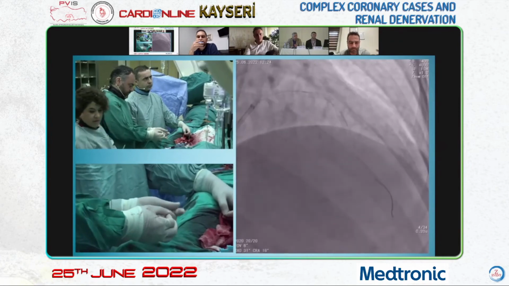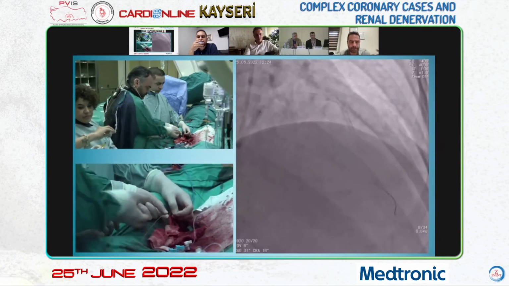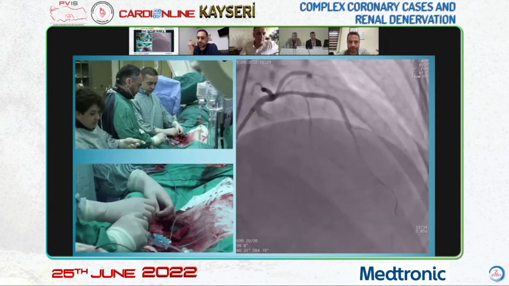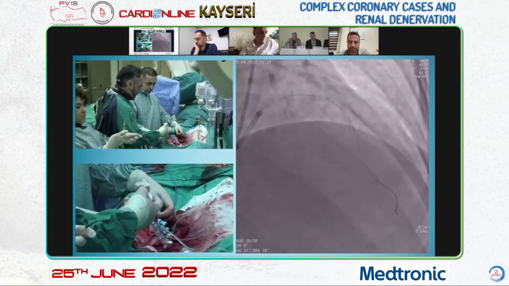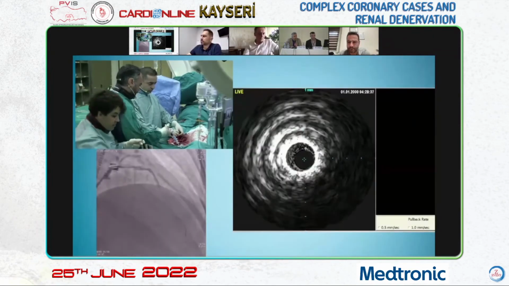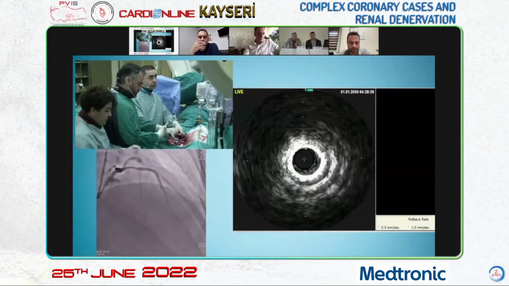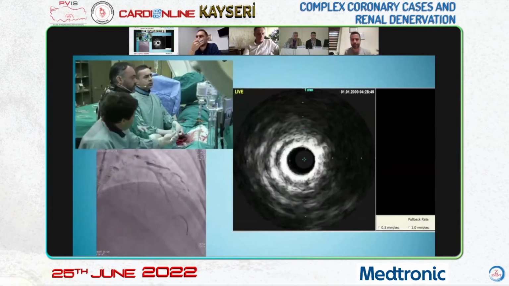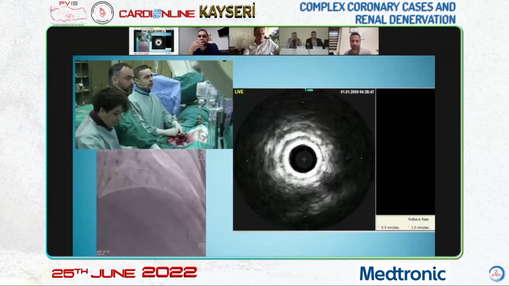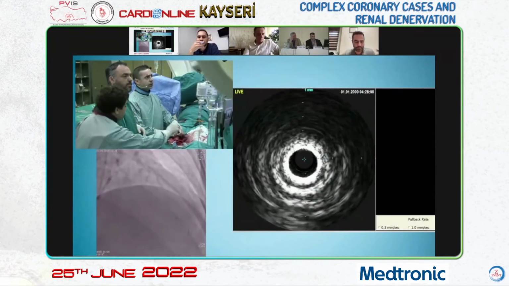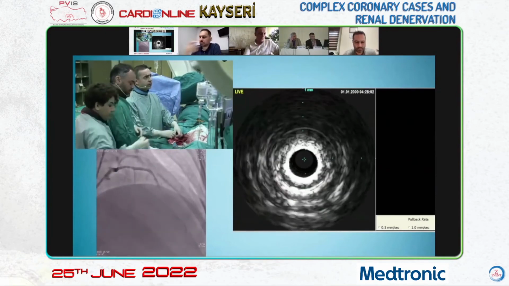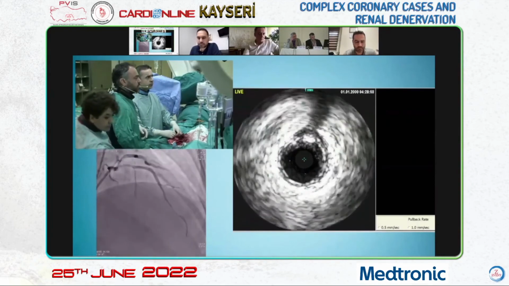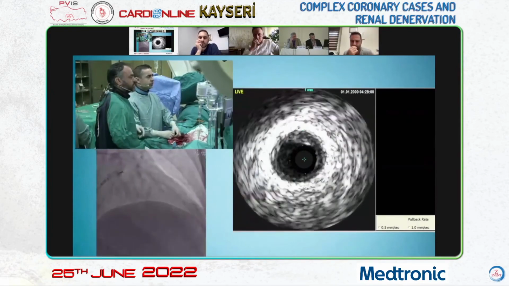We cannot hear the gentleman speaking very well, so about the disorder, we have concerns. There could be ischemia. So we can check this part with the IVUS.